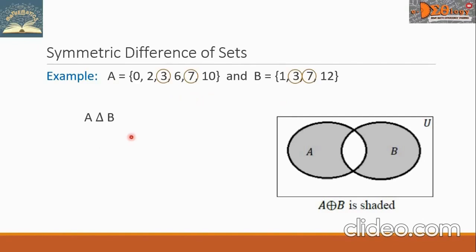For our answer, we're going to write all the elements of A and B combined except those common elements. So the elements of A delta B equal 0, 1, 2, 6, 10, and 12. This is the final answer.